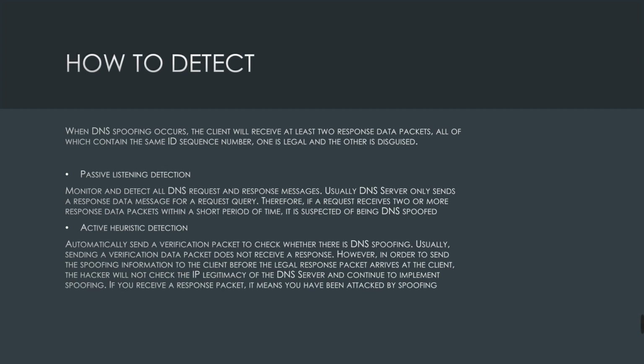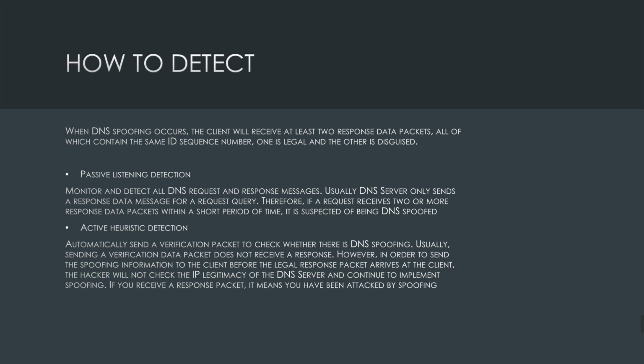And then we can use active heuristic detection. We can automatically send a verification packet to check whether there is DNS spoofing. Usually, sending a verification data packet does not receive a response.